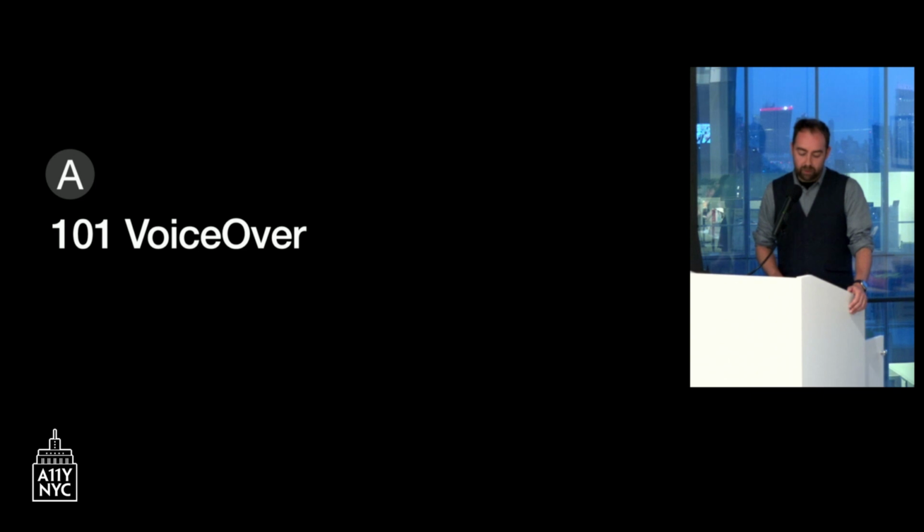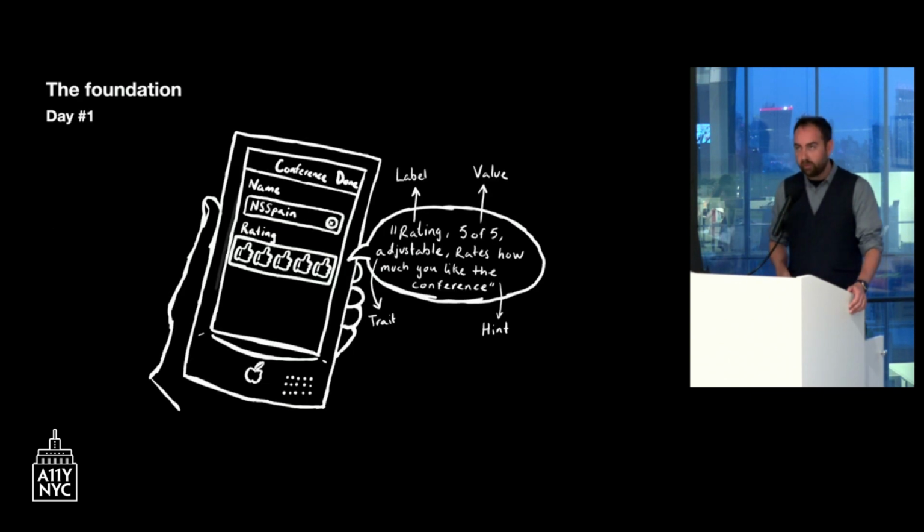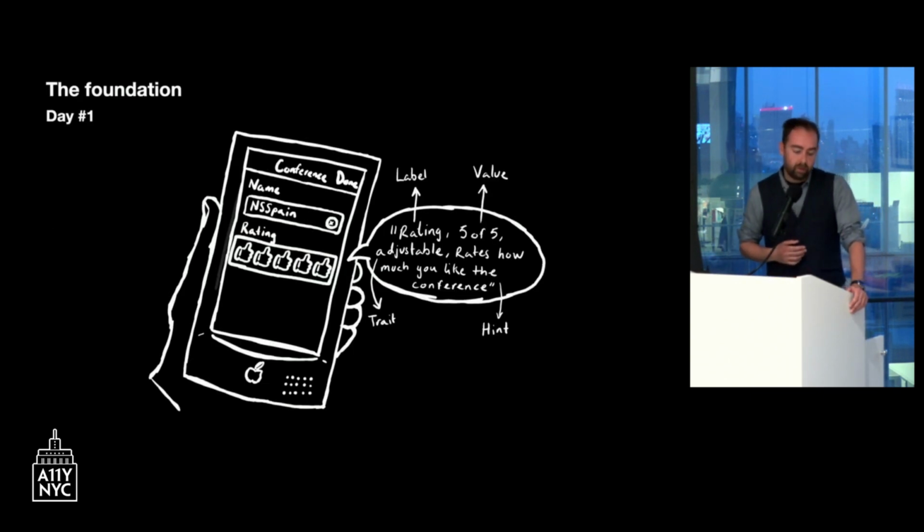So yeah, let's start with VoiceOver. If you haven't used VoiceOver before on the iPhone or iPad or Watch, or any Apple platform, it's the screen reader that comes pre-installed for free in pretty much all Apple devices. On the iPhone, you can move your finger around the screen, and then VoiceOver will speak and announce what you're touching.